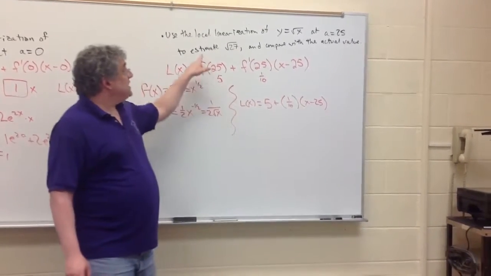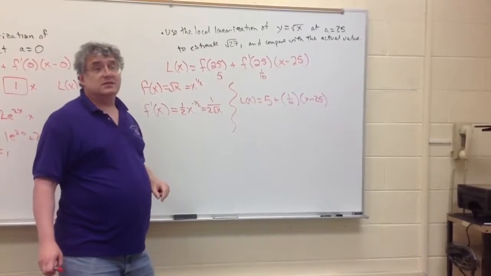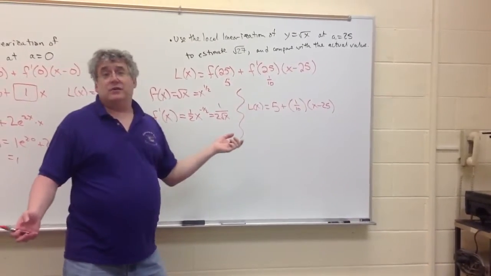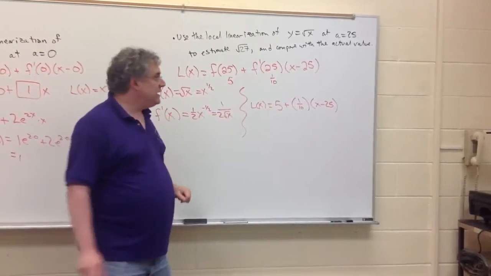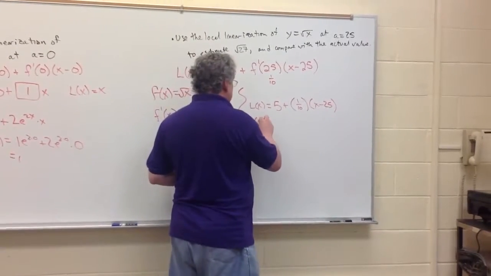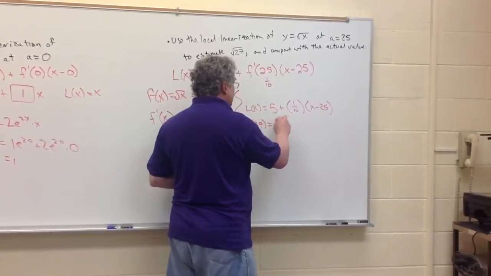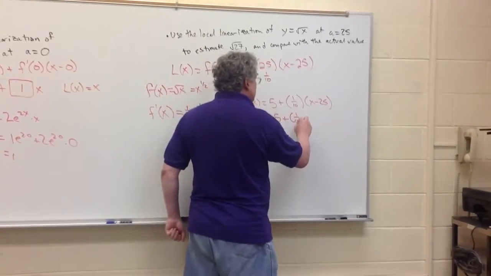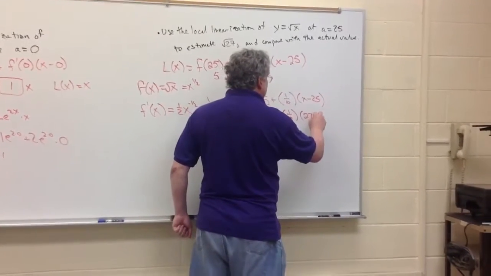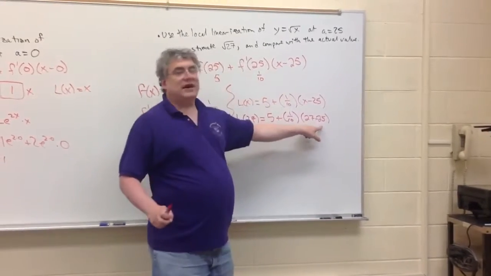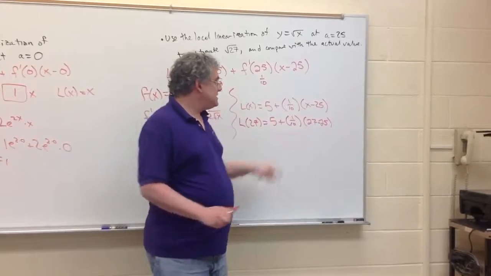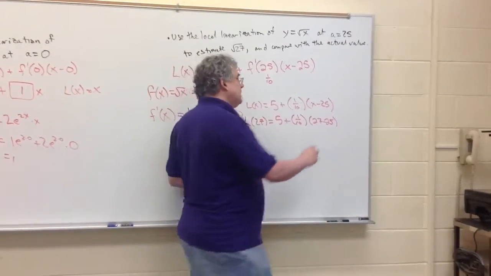My next question was estimate square root of 27 using this. Square root of 27, you have a calculator, you can plug it in. But this allows us to estimate it without a calculator. L of 27 is going to be 5 plus 1/10 of 27 minus 25. 27 minus 25 is 2. 2/10 is 0.2. I get 5.2.